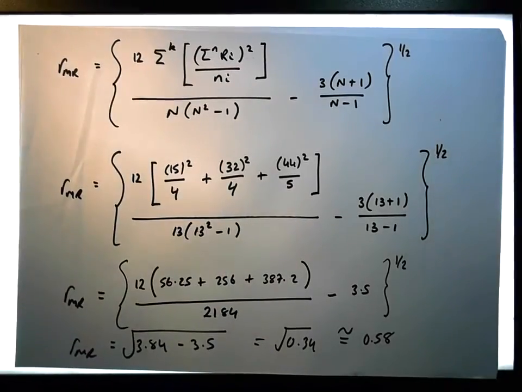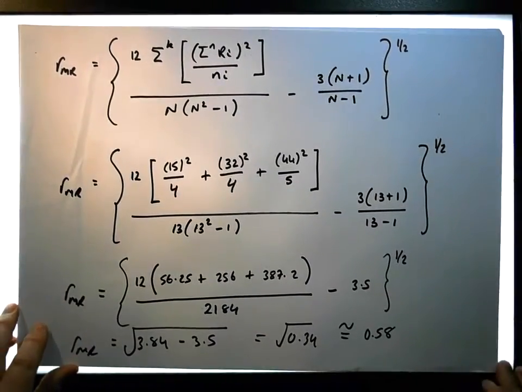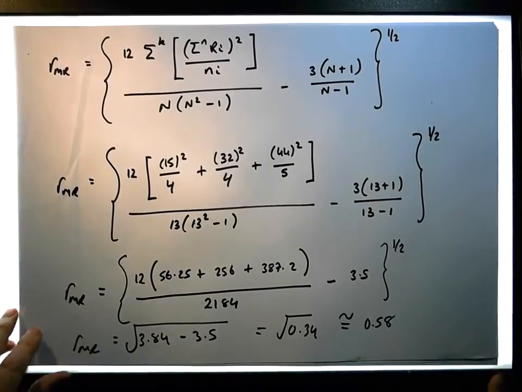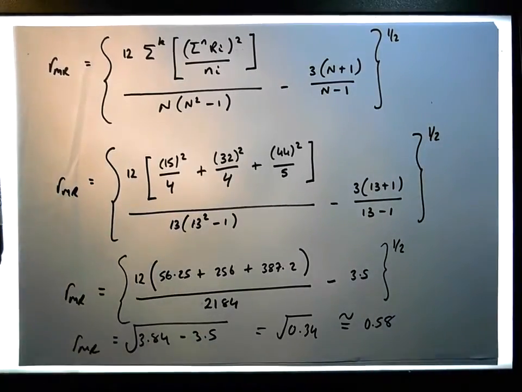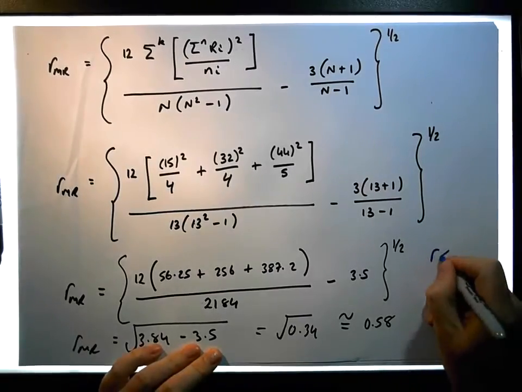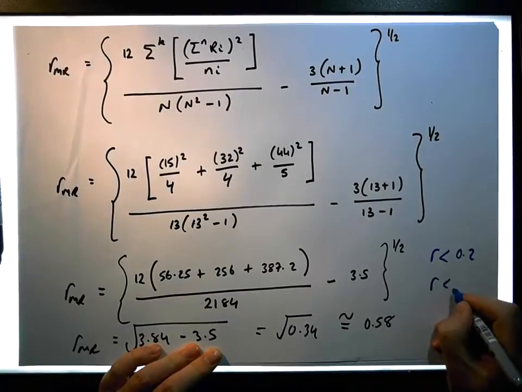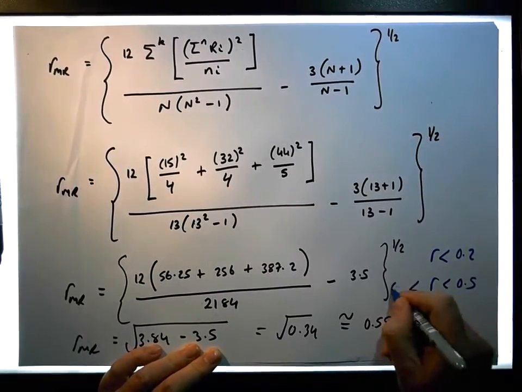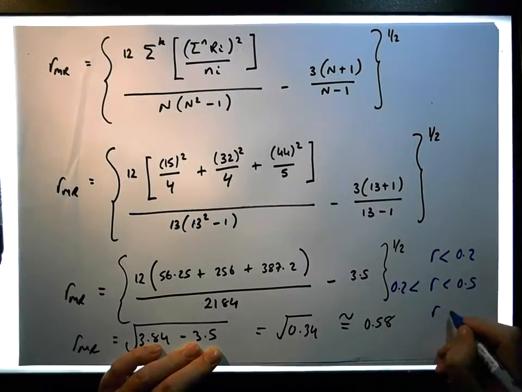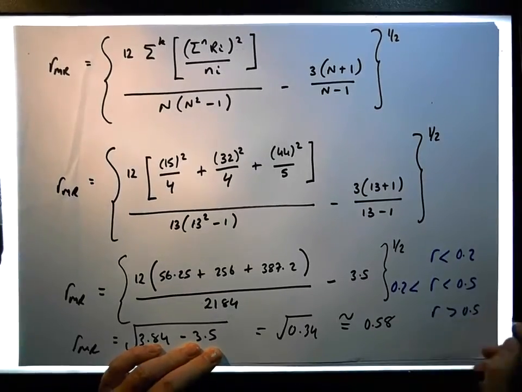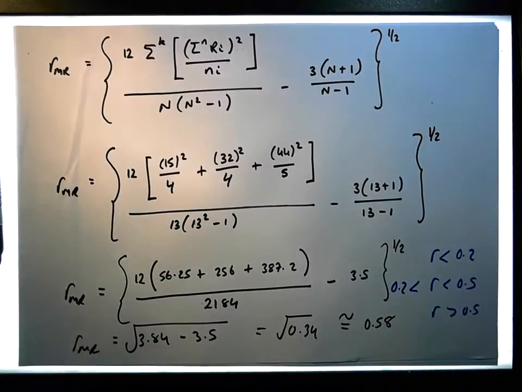So once again, from a correlation perspective, we can see that there is a strong correlation. Don't forget, an R value less than 0.2 is weak, an R value less than 0.5 but greater than 0.2 is moderate, and an R value greater than 0.5 is strong. So what we're saying here is that there's a strong association.